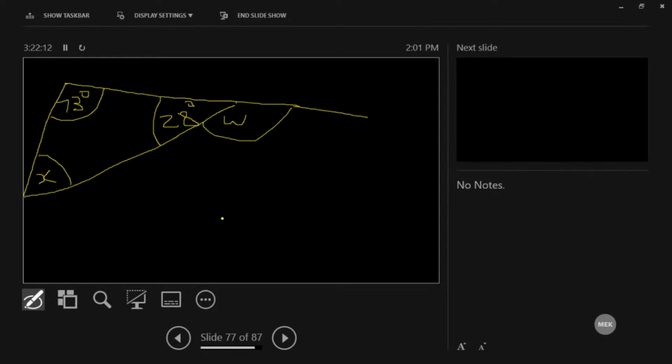How do I find angle W? And how do I find angle X? Let me hear some ideas. So based on what we just did, how do we find W, and how do we find X?